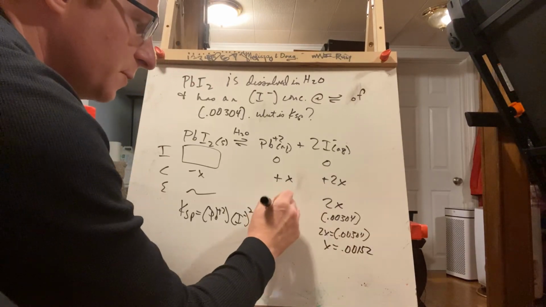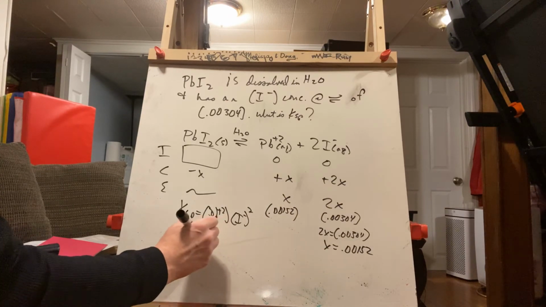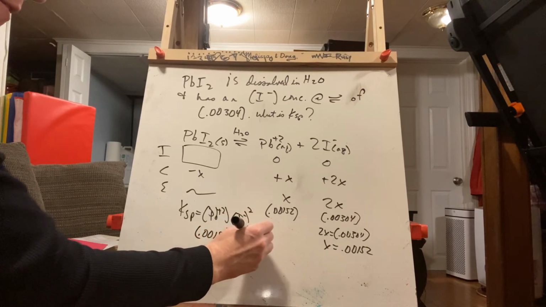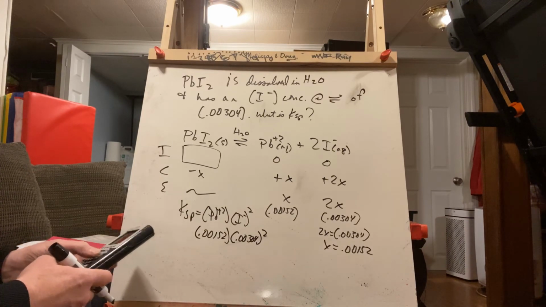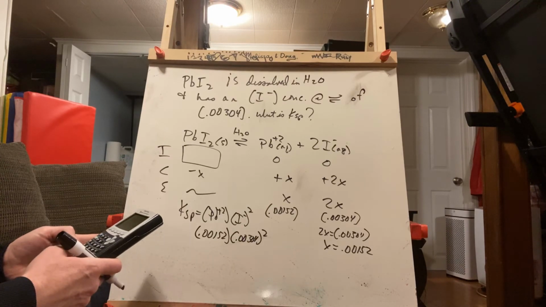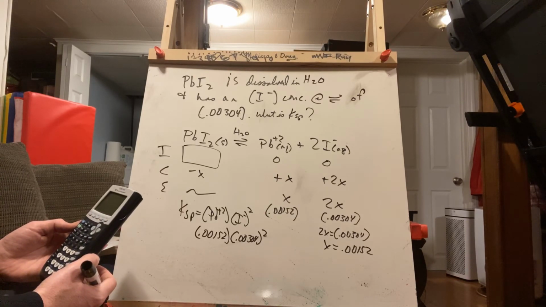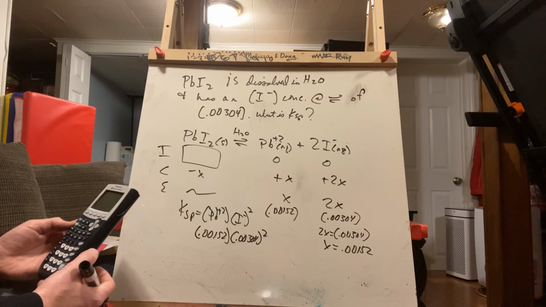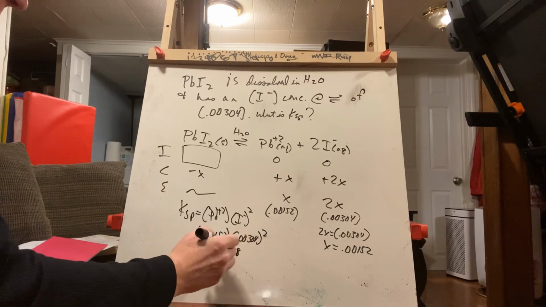Then throw that in here: 0.00152 times 0.00304 squared, and let's see if I get it right. 0.00152 times 0.00304 squared. Yep, 1.4 times 10 to the negative 8th, which is just what it was.